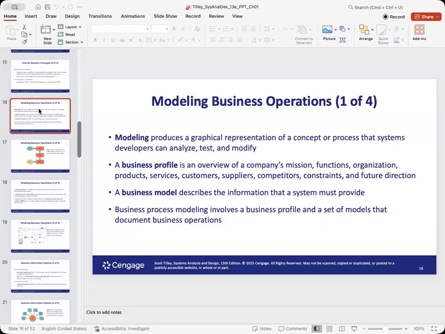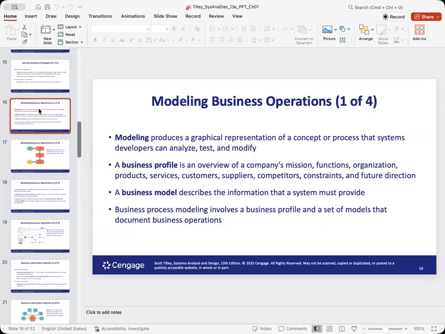Business modeling operations. Now, modeling produces a graphical representation of a concept or process that systems developers can analyze, test, and modify. So whenever you hear modeling, on this level, I could say it's a graphical representation.